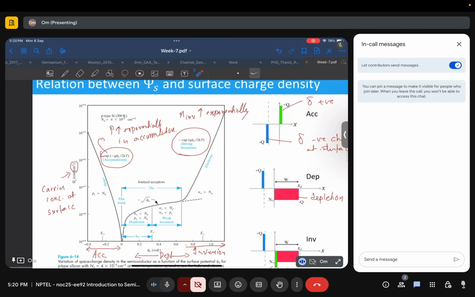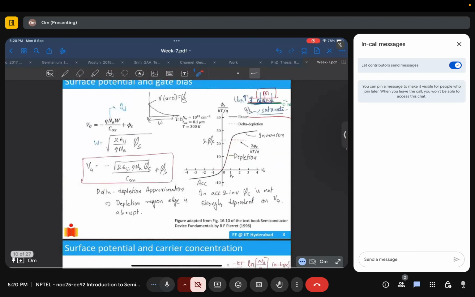And in depletion, it increases with square root dependence. We also already saw it. So Qd is square root of 2 epsilon Si Qn psi s. This is your Qd.